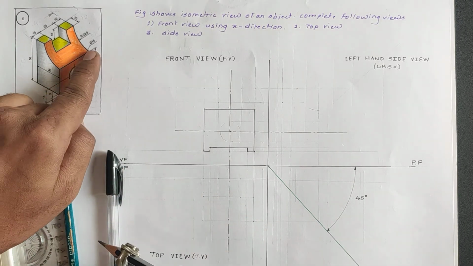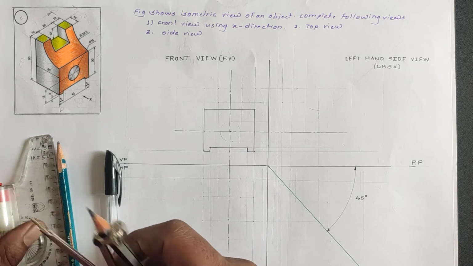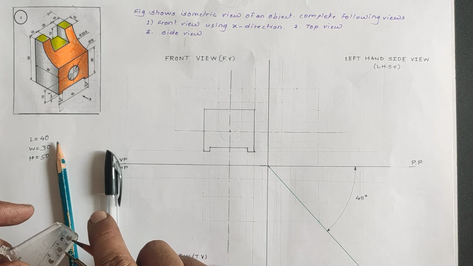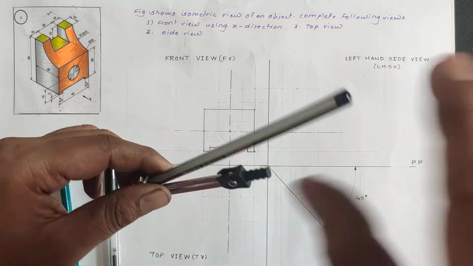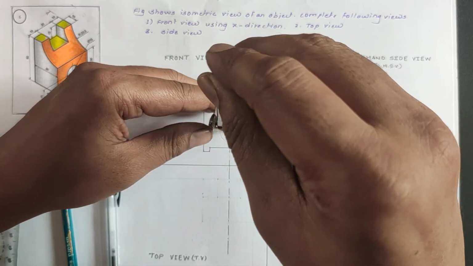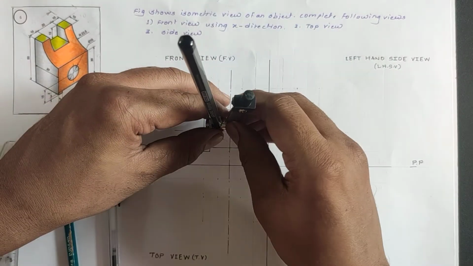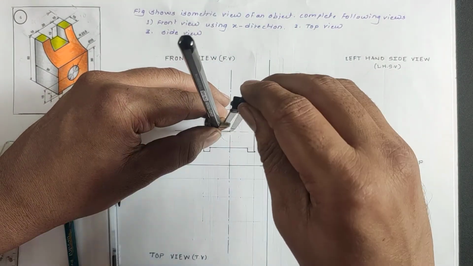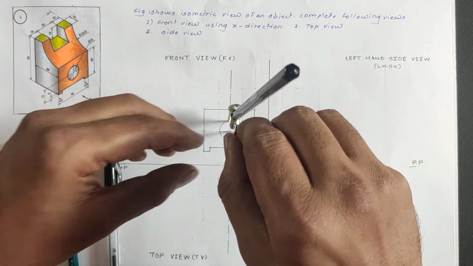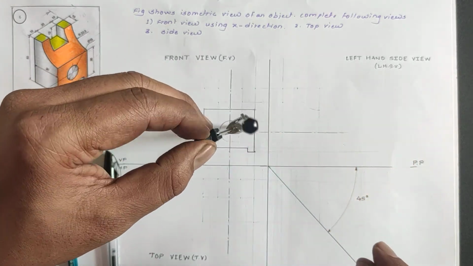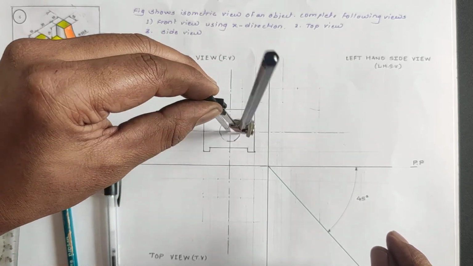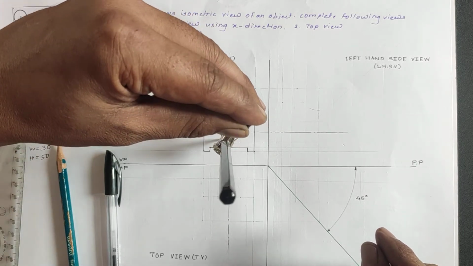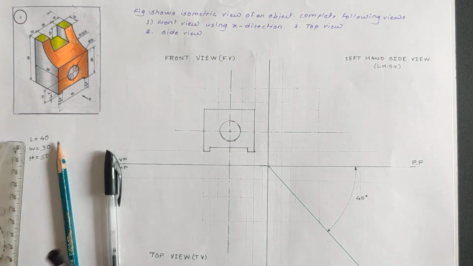Diameter of the hole is 15 mm. So take radius 7.5, place the compass, and draw the circle that is visible in the front view.